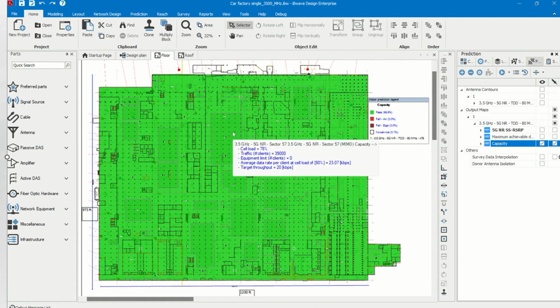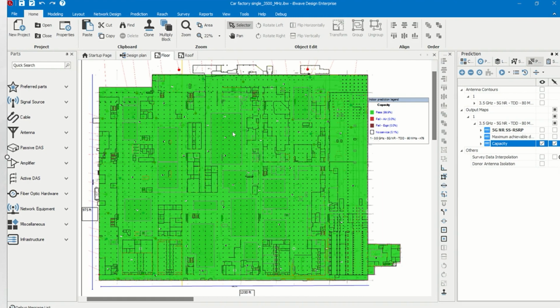So what do we see here? The cell load that we calculated, assuming 39,000 sensors and assuming they're 20 kilobits per second each, gives a cell load of 78%. I did say that I want to have between 70 and 90%. You will see that here I have a figure of cell load of 90%. It is mentioned here. And that means that I would want to be below that.